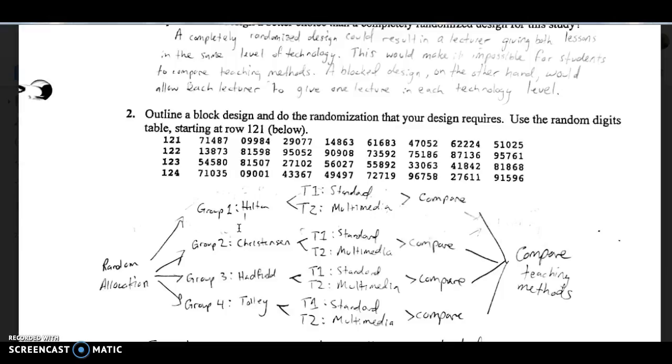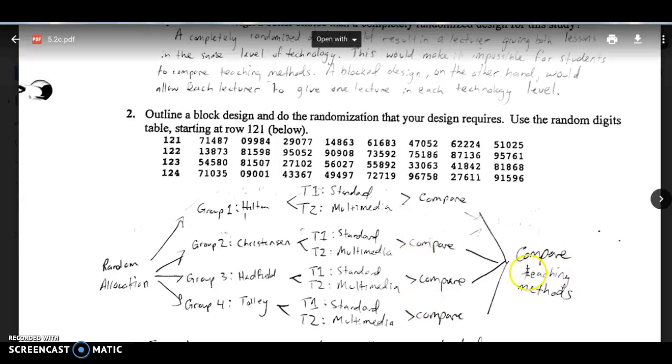So within the first group, that's going to be my Hilton lectures. I'm going to have 2 treatments. The first treatment, treatment 1, is the standard, treatment 2 is the multimedia. And then I repeated that same thing for Christensen and Hadfield and Tolley. So each one of them has 2 treatments. Within the 2 treatments, you need to compare the results. And then once you've compared individually the lecture styles, then you compare all together looking at the whole for all 8 lectures.